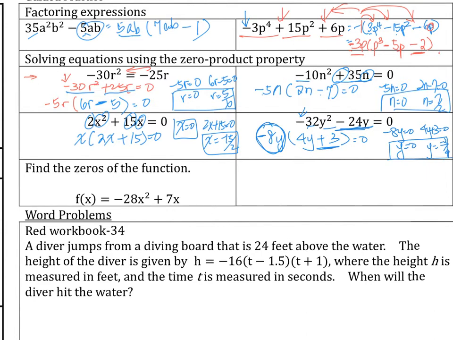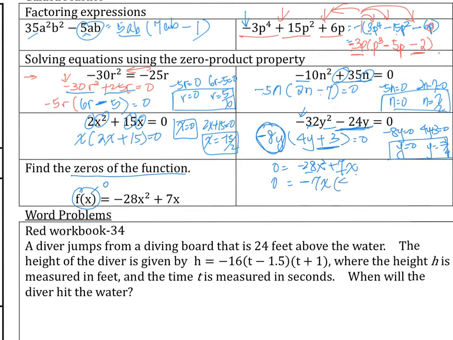Okay, and then the next one, to find the zeros of the function, we just need to let this f of x be 0. So 0 equals negative 28x squared plus 7x. We do the same thing. We can factor out the negative sign, and then we need to factor out the 7 and the x.